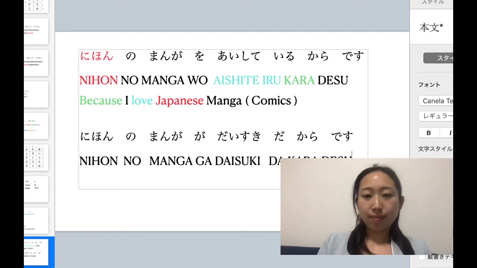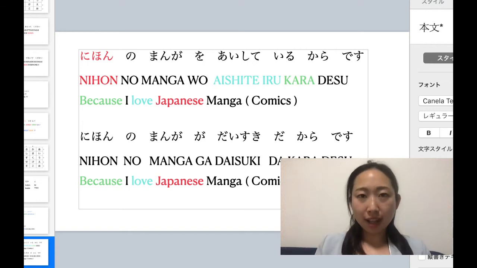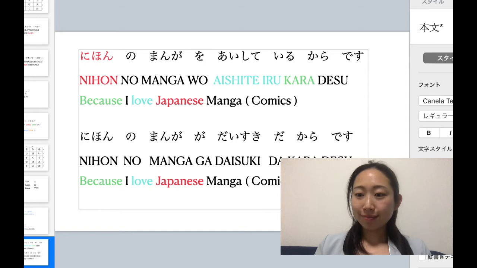Okay? The same meaning. 日本の漫画を愛しているからです。Or, a little bit more lightly, 日本の漫画が大好きだからです。Okay?